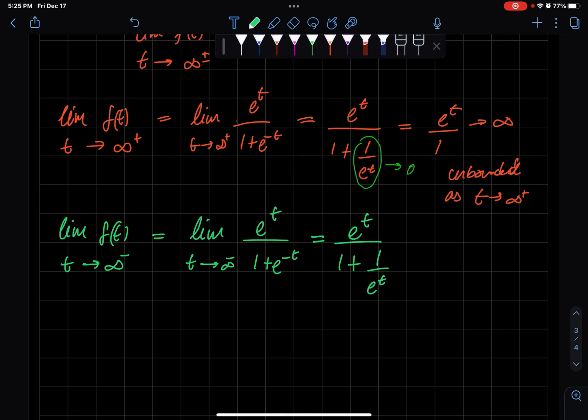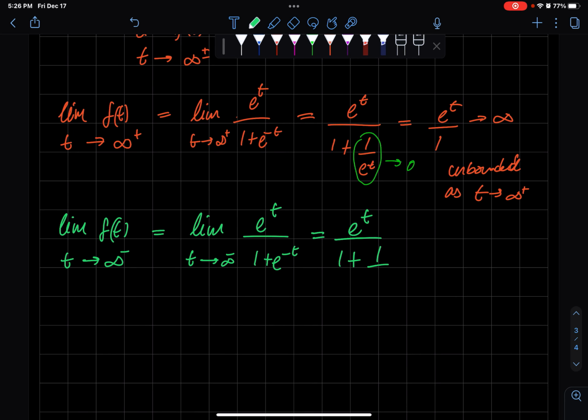Now we're going to negative infinity, so this is going to be a smaller and smaller number. It's going to go to 0. Okay, let me just rewrite this. So we're going to negative infinity.